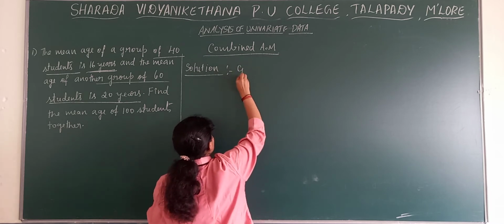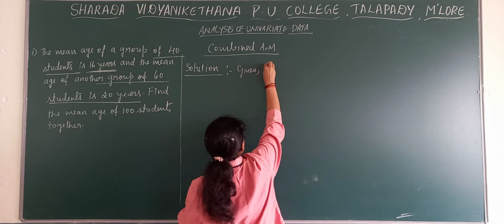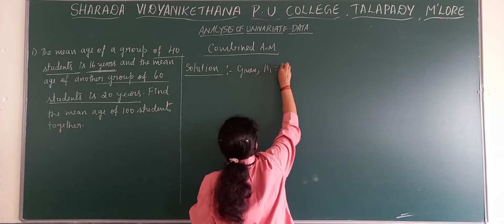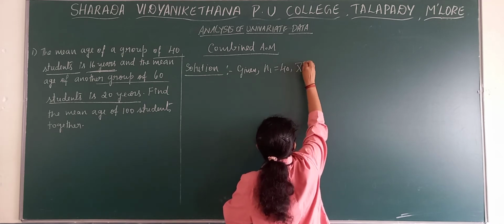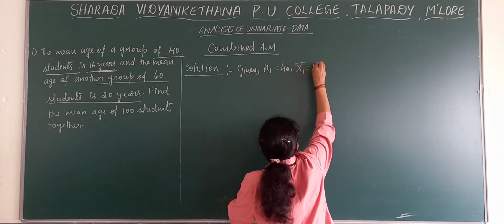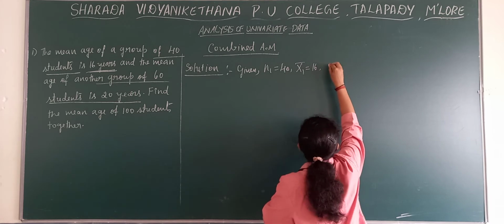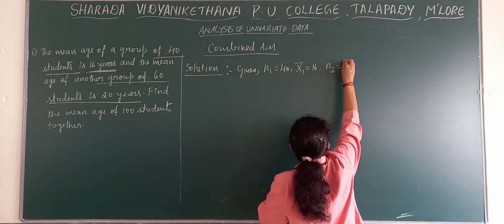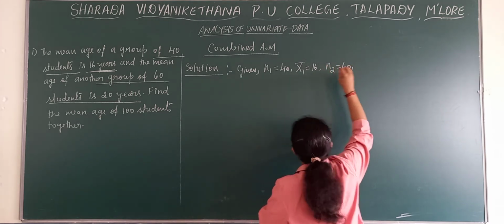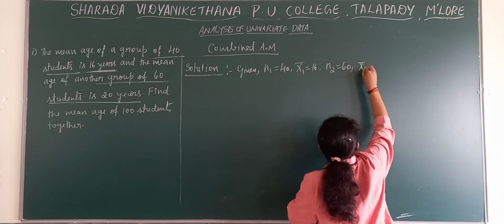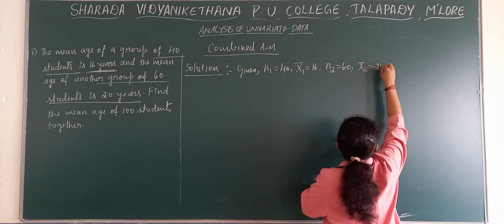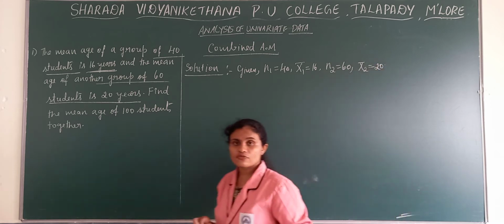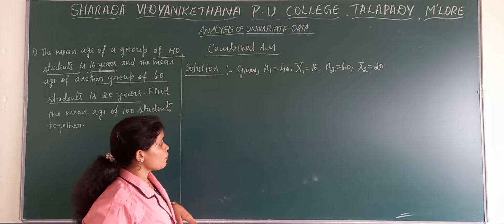Then write the given: N1 is equal to 40 and their mean X bar 1 is equal to 16. Then for the other group, N2 is equal to 60 and their mean is equal to 20. This is the information provided in the problem.